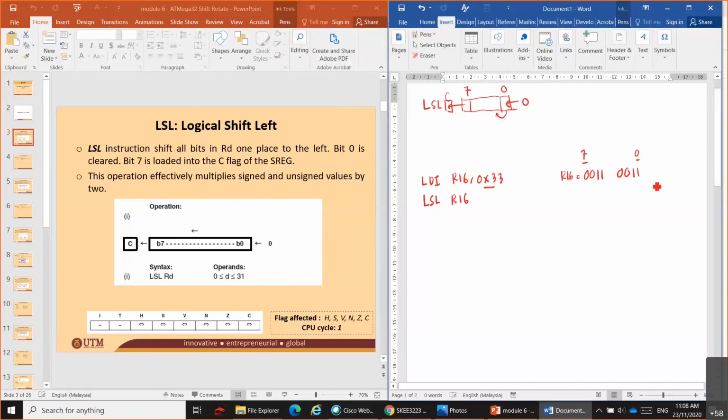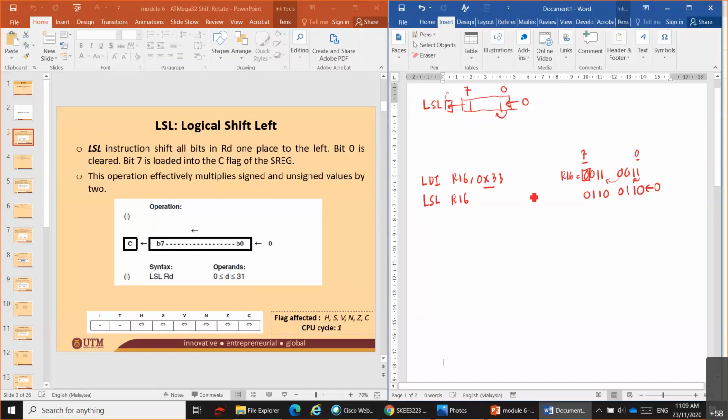So 0 from outside will go to your bit 0 here, and the bits here will be shifted to the left by 1 bit. This one goes here, this one goes to the next bit at the left, and the rest will be shifted to the left by 1 bit. What about this 0 here?